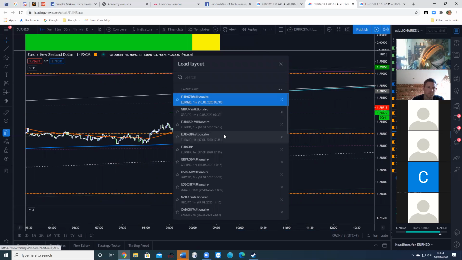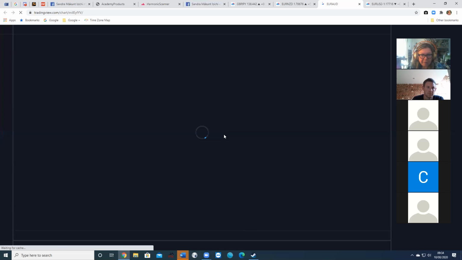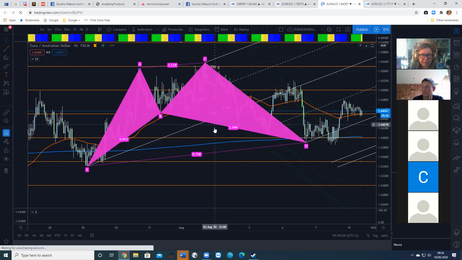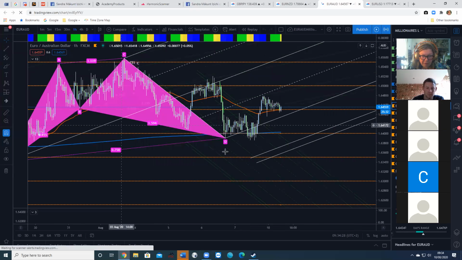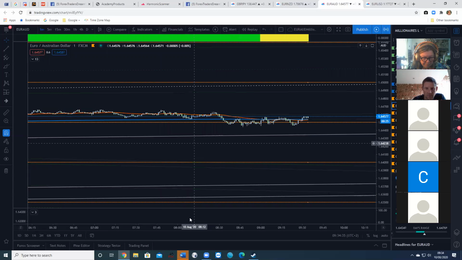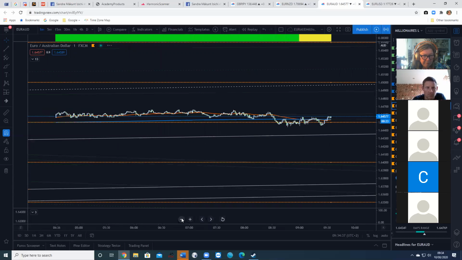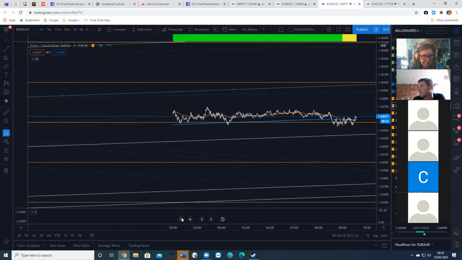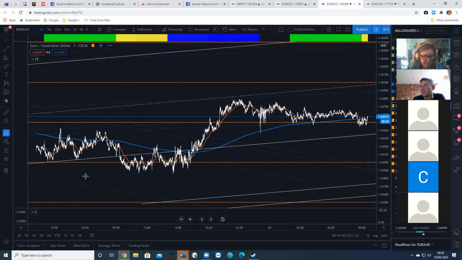Euro AUD. So we had a scan with the D point 6th of August, if you've got that one. There it is.